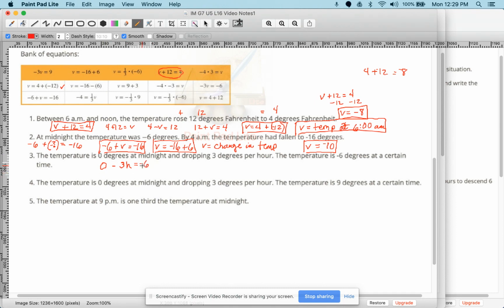So this is what we're looking for in our bank of equations. And it looks like the one that we're going to do is negative 3 times v equals negative 6. So their equation is negative 3v equals negative 6.